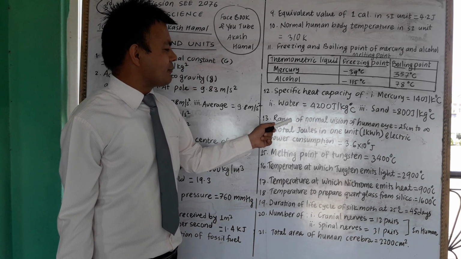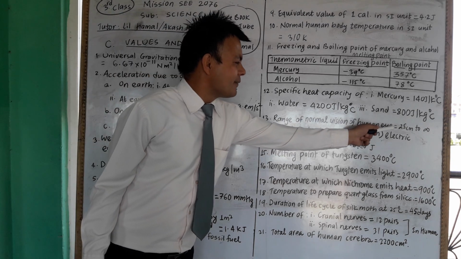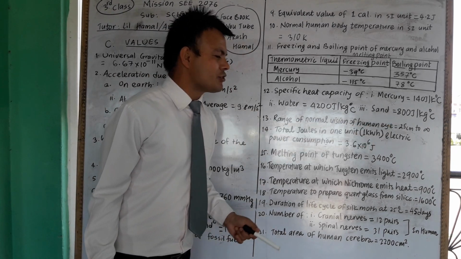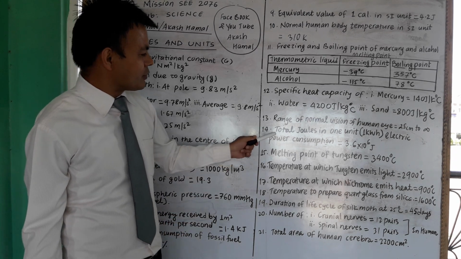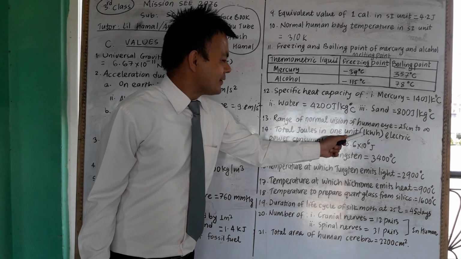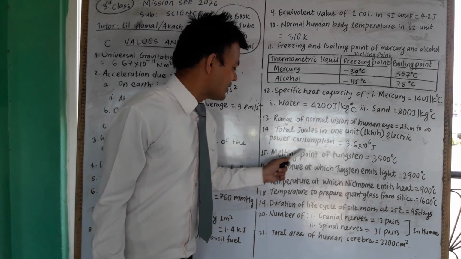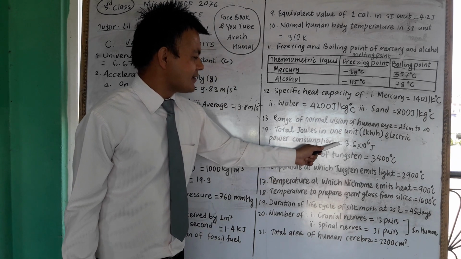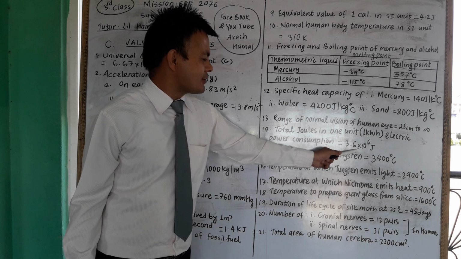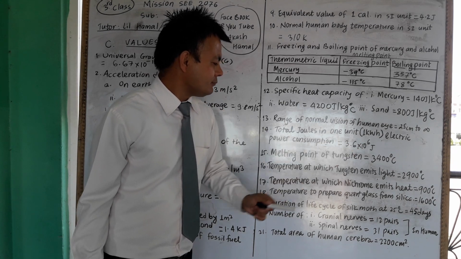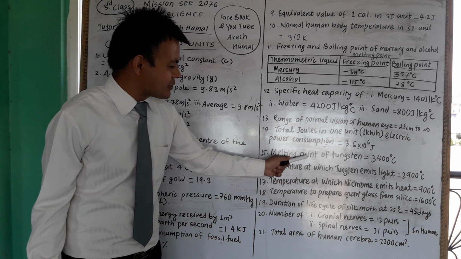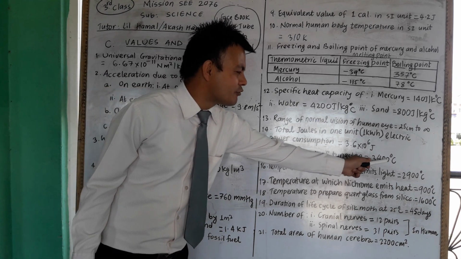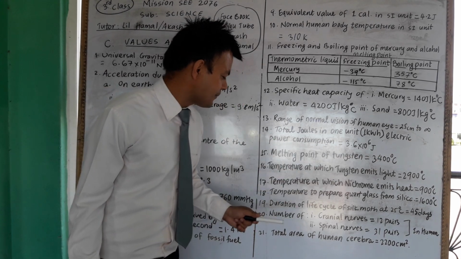Likewise, the range of the normal vision of human eye is 25 centimeter to infinity. The total joules in 1 unit, that is 1 kilowatt hour electric power consumption, is equal to 3.6 × 10 to the power 6 joule. Number 15. Melting point of tungsten is 3400 degrees Celsius.